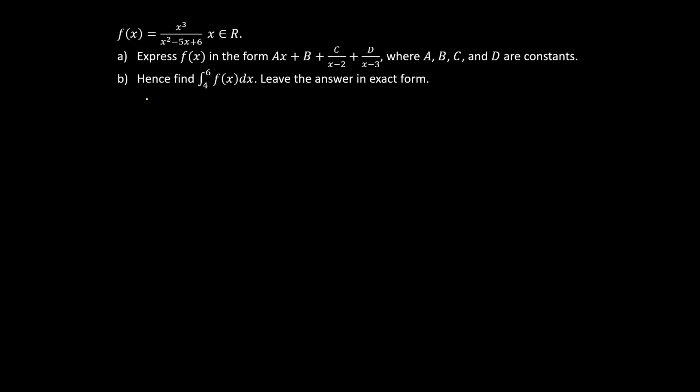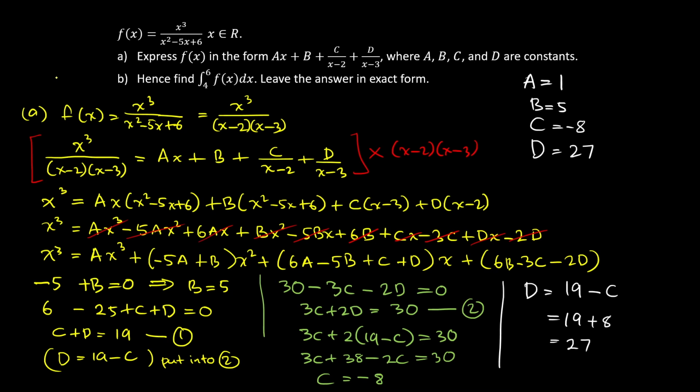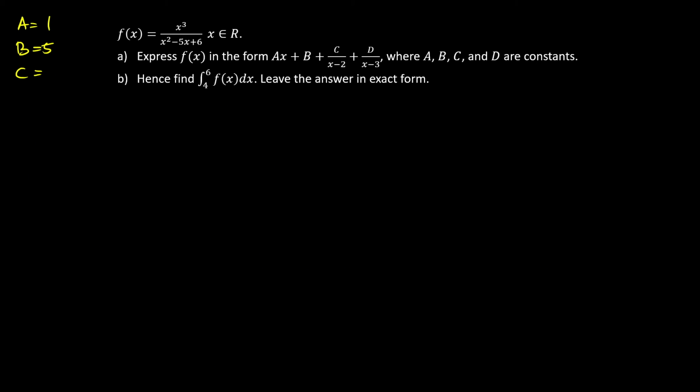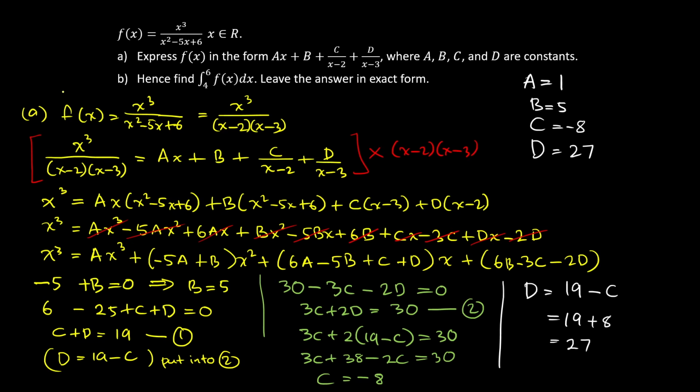Okay, here we are again. We have already found the values of a, b, c, and d. So let's put them at the corner here. A is equal to 1, b is equal to 5, c is equal to minus 8, and d is equal to 27.